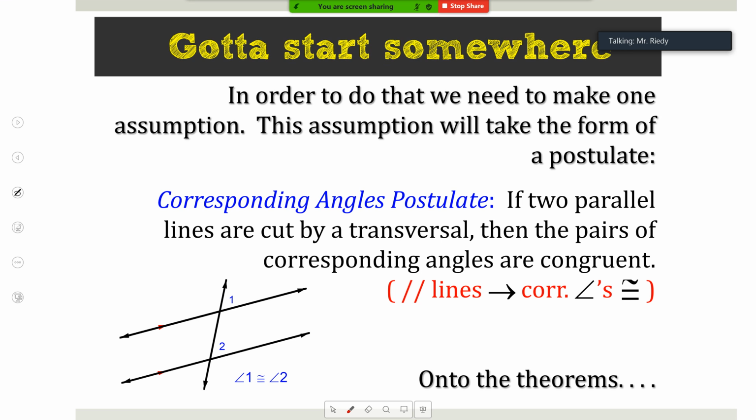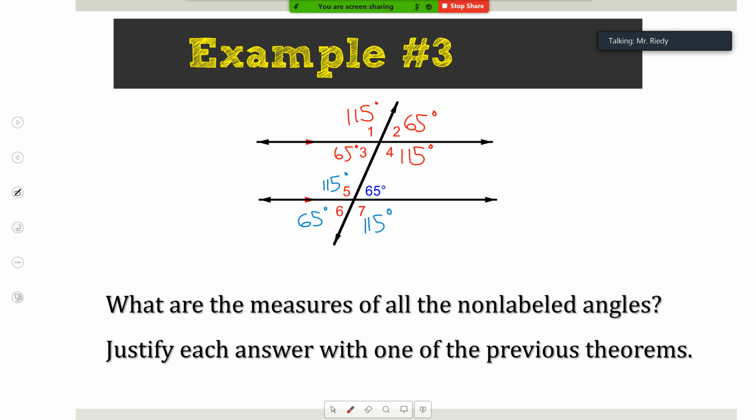Everything that Bobby and Mia told us was 100% correct. Before we talk about this current slide, I need to talk about some geometry operations. What they did is all true, but we want to be able to prove it. So when I said to Bobby, why was angle 6 65 degrees, he gave me an answer involving supplementary angles.